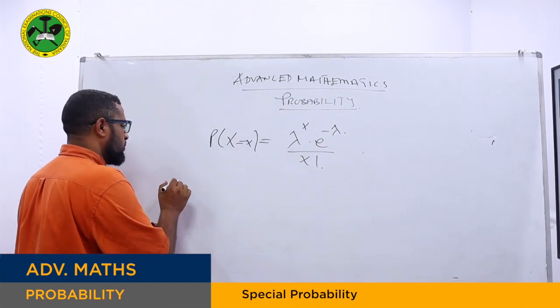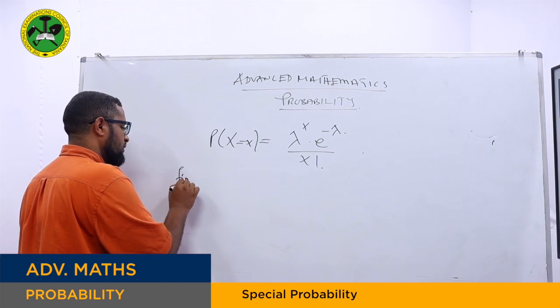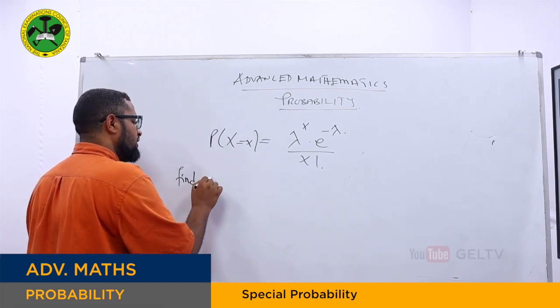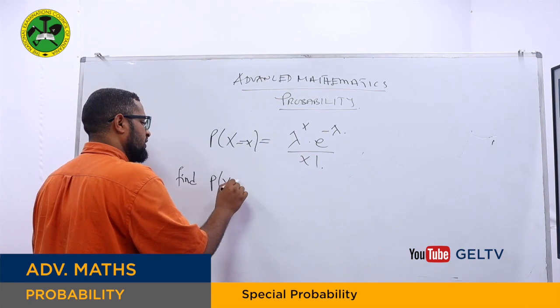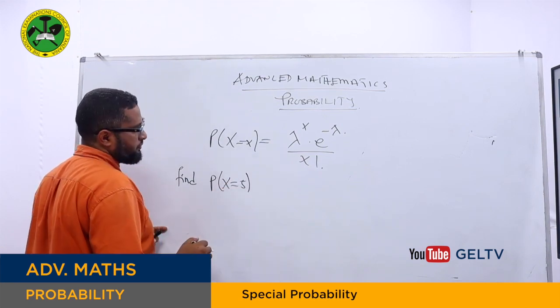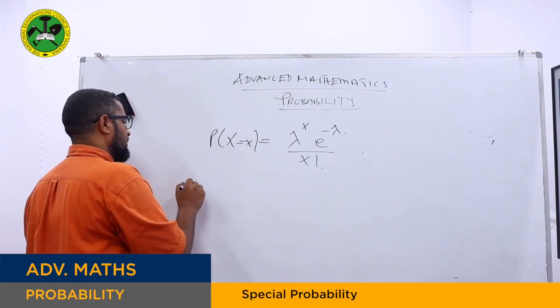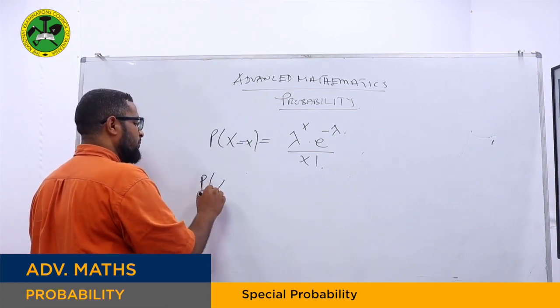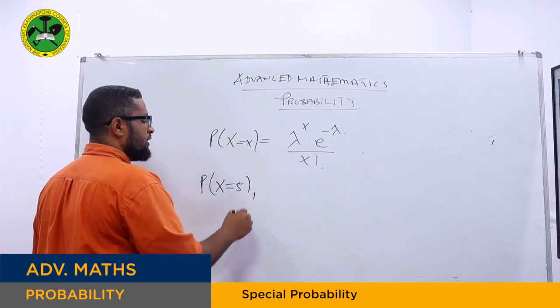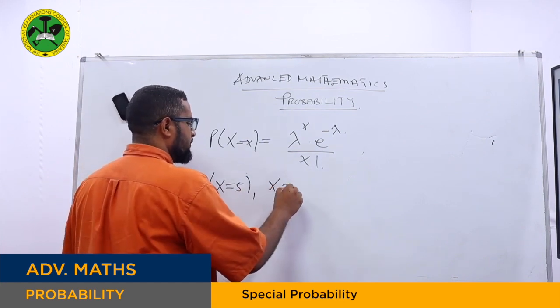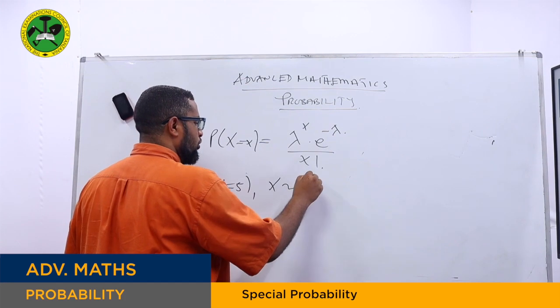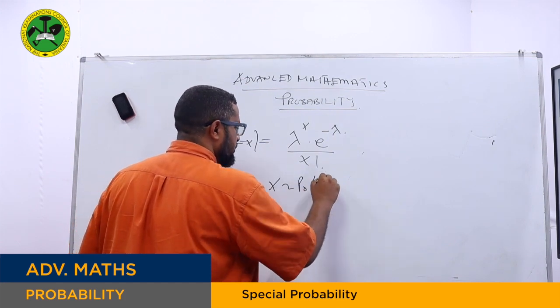You may be given a question, find probability of X equal to 5, in which X follows Poisson 2.